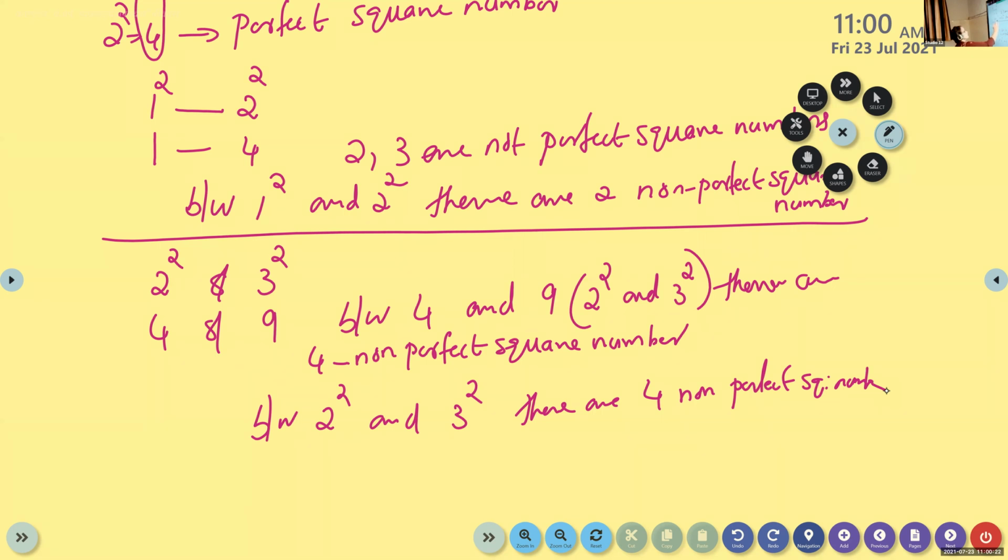First we got between 1 square and 2 square, there are 2 non-perfect square numbers. Between 2 square and 3 square, there are 4 non-perfect square numbers. One more set we will find.